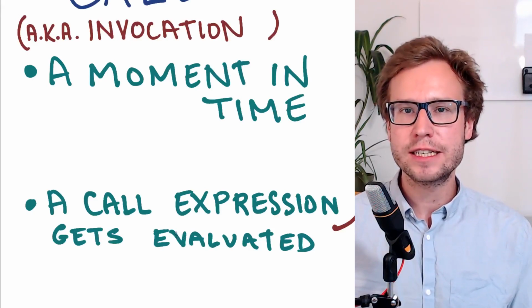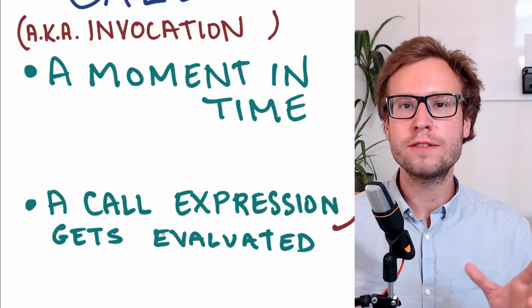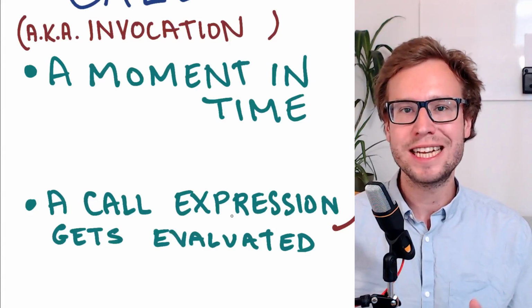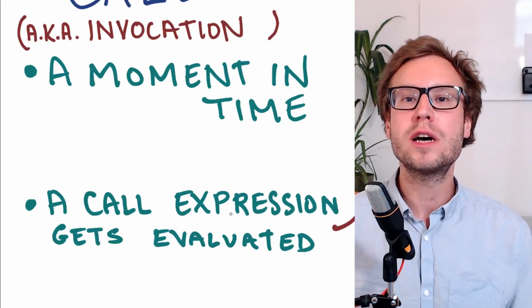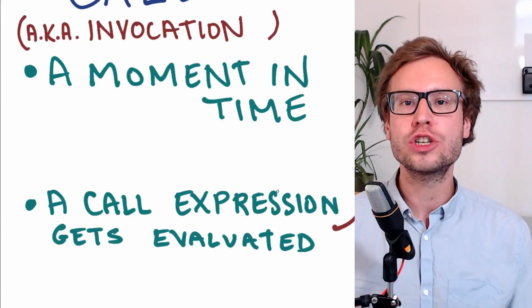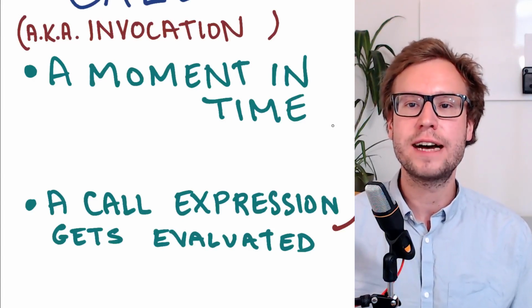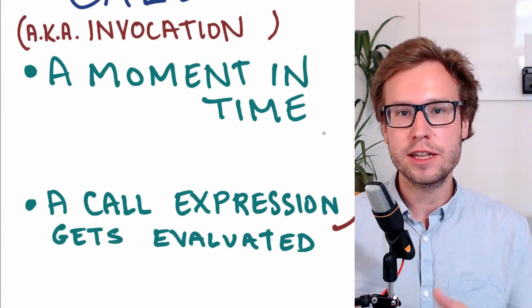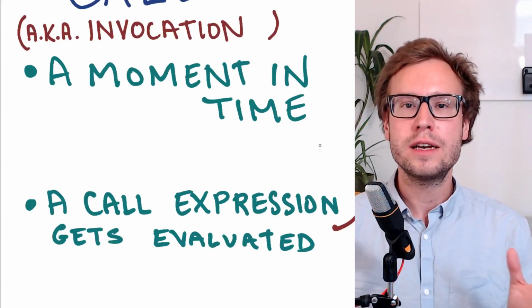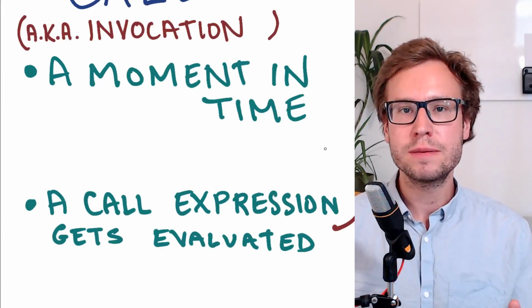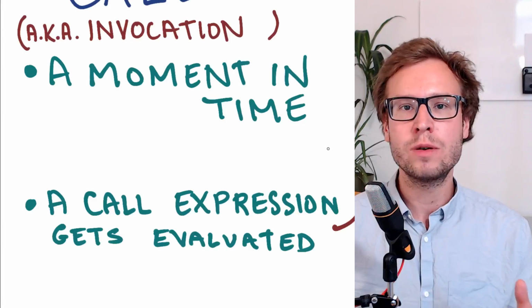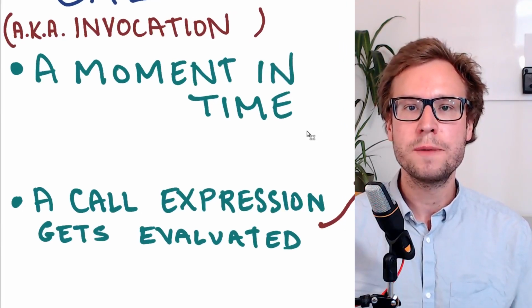Now, this is interesting because we just talked about when a function expression gets evaluated. That's function creation. Now we're talking about when a function call expression gets evaluated. So there's a subtle but clear difference there. Instead of a function expression getting evaluated, we are now seeing a call expression get evaluated.